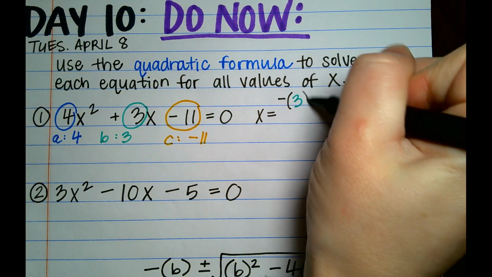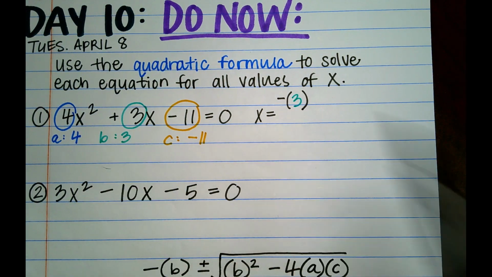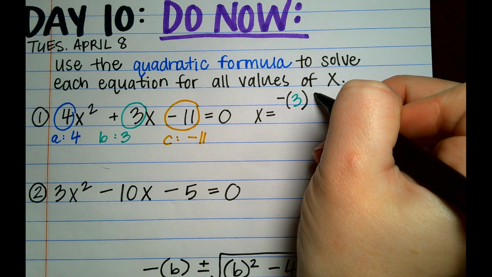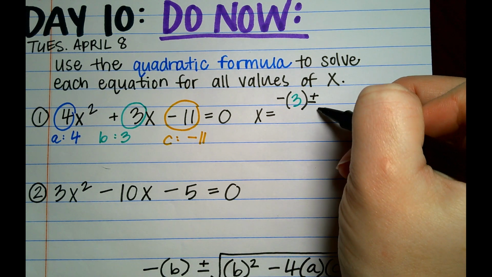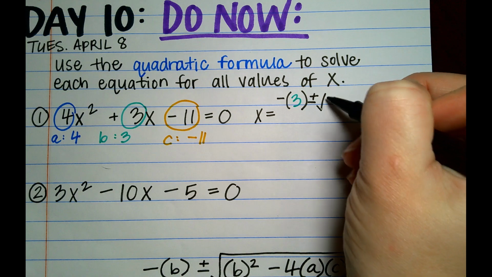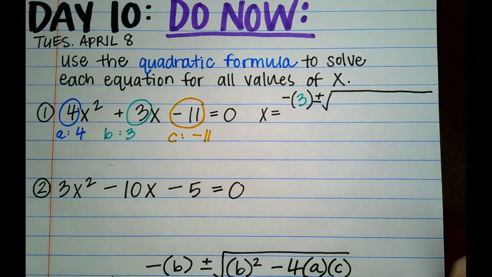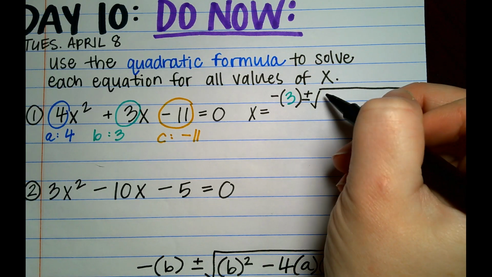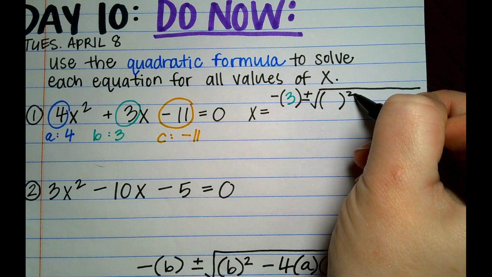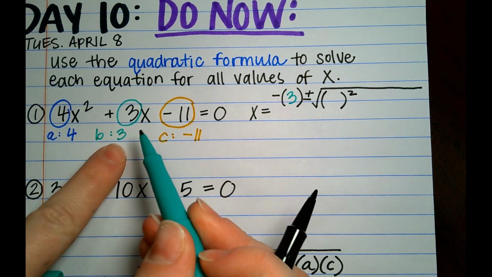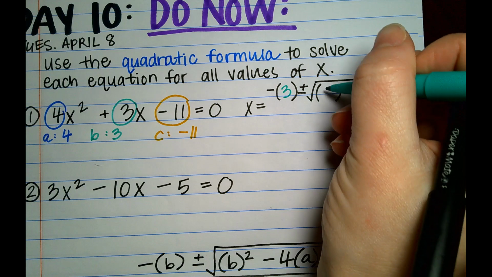It's okay. So we have negative B. What comes next? Plus or minus. Then what? Square root. What letter next? B squared. So we're going to write 3 squared for B.